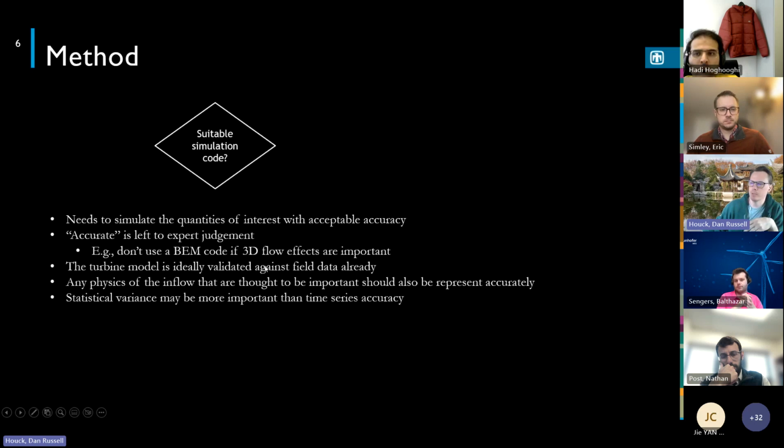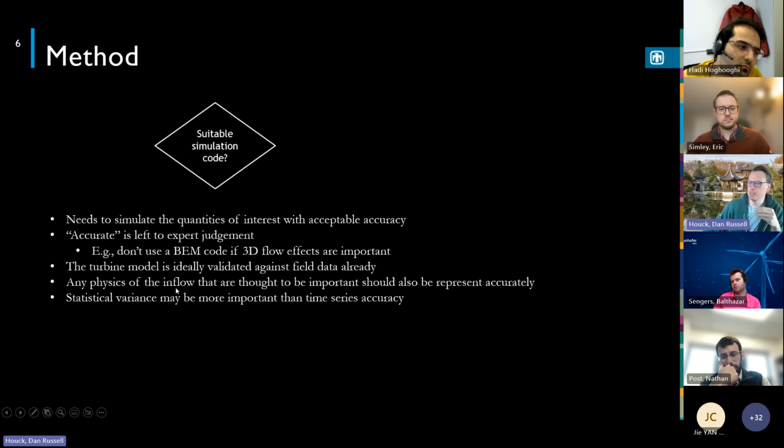So don't choose a BEM code for something where you think 3D effects are important. You would need, hopefully, a validated turbine model that would help you ensure that you're not introducing additional errors in these simulations. And if particular aspects of the inflow are important to what you're interested in, then you need to make sure that those are also being simulated pretty well.